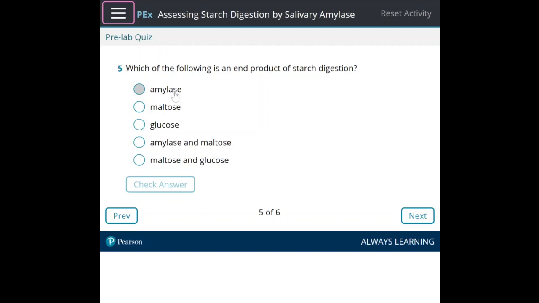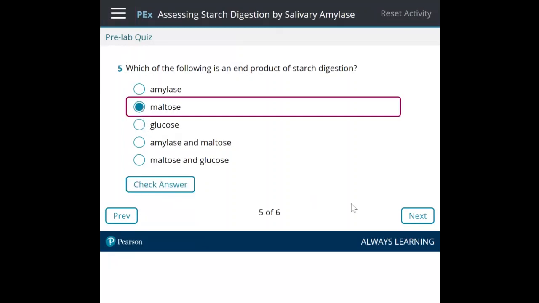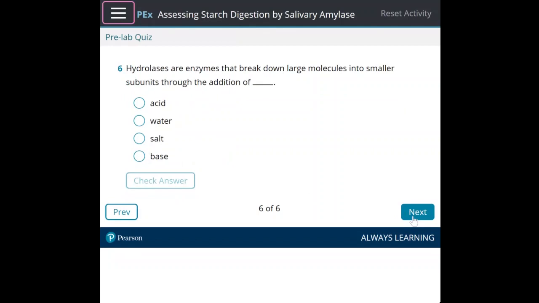All right, no, amylase is our enzyme, right? Whenever you have ASE at the end, that's the enzyme, and OSE is a sugar. So yeah, maltose is definitely what we're going to get.